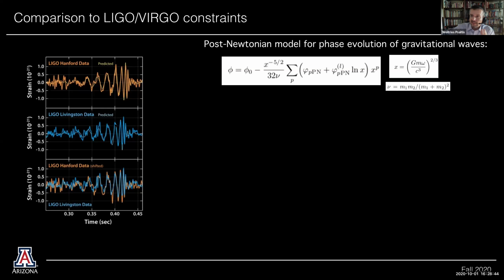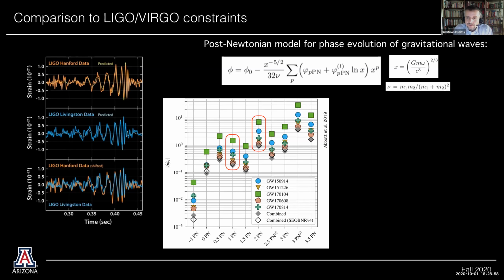It's not just multiples of the period that change, and one can write in general relativity a parametric post-Newtonian model for the evolution of the phase. And our friends from LIGO and Virgo have actually constrained the parameters of that post-Newtonian model.